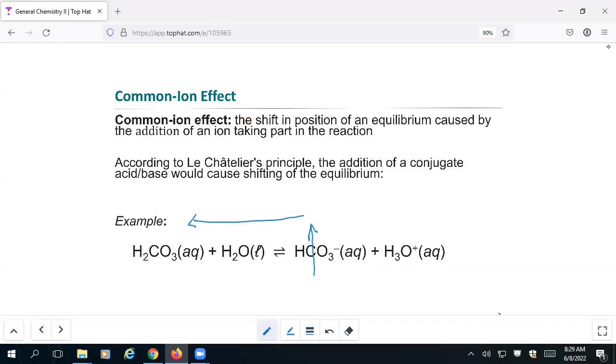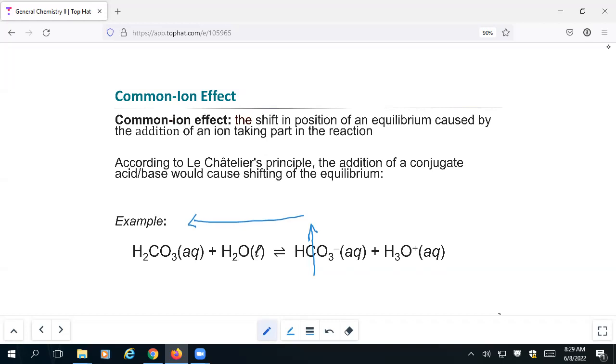So if I have this carbonate system and I add some baking soda to it, sodium bicarbonate, the bicarbonate ions in that system are going to raise the concentration of the bicarbonate, and that's going to shift the whole equilibrium to the left.